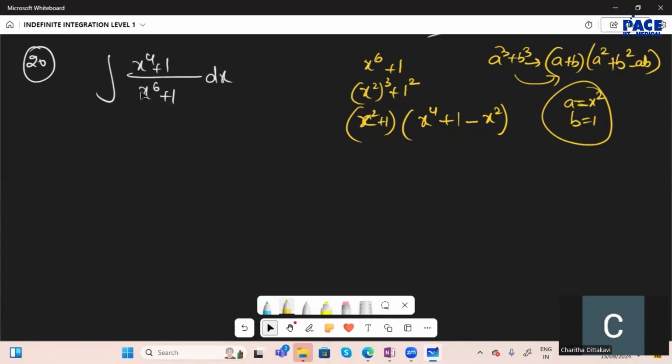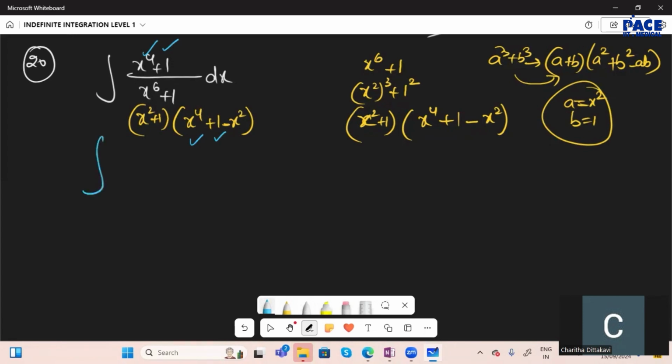This denominator, when I have split it, I got it to the form of x square plus 1 into x power 4 plus 1 minus x square. Now observe your numerator. Wonderful thing what you find there, isn't it? See, you have x power 4 plus 1 in the numerator, but something is missing. What is that missing? Missing is your minus x square.